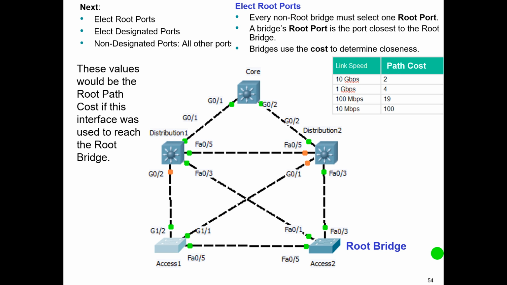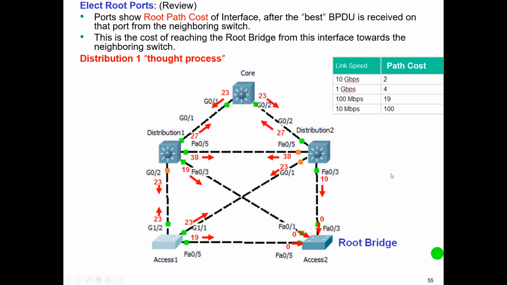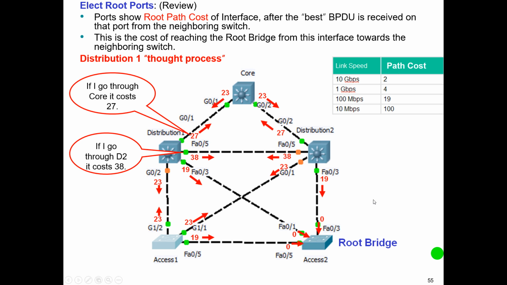So next we will do elections for our designated ports. The same type of value will go out. So it will do our different elections for our root path, again heading to our root bridge. If I go to the core, it's going to cost 27. However, coming back, it's going to be 23.